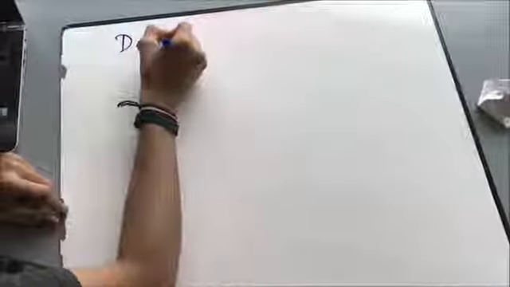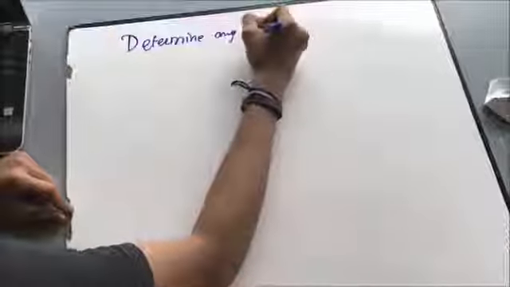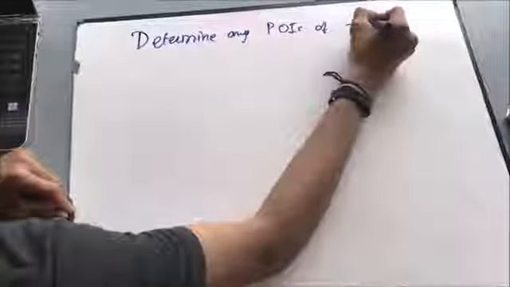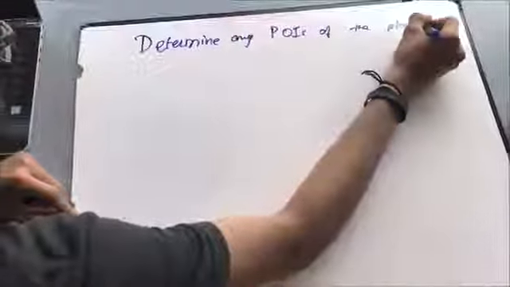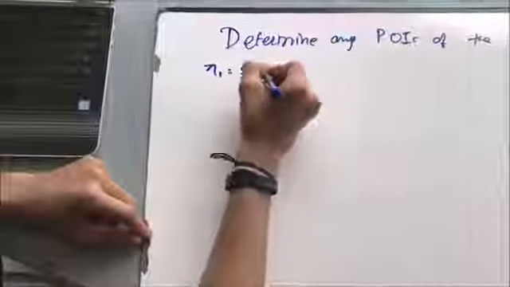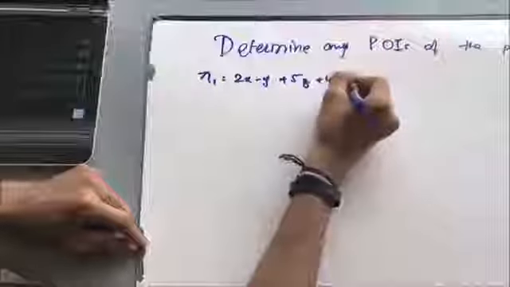Determine any point of intersection of the planes. Plane 1 is 2x minus y plus 5z plus 4 equals 0.